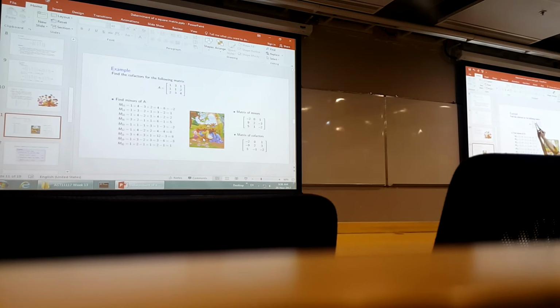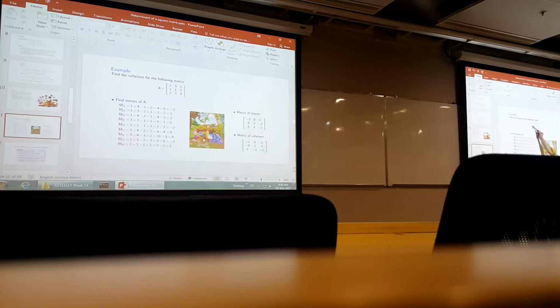For this position, the minor is 3 minus 2, which is 1. And it is positive, so the cofactor is also 1. This position, the minor is 12 minus 3, which is 9. And it is negative, so the cofactor is minus 9.